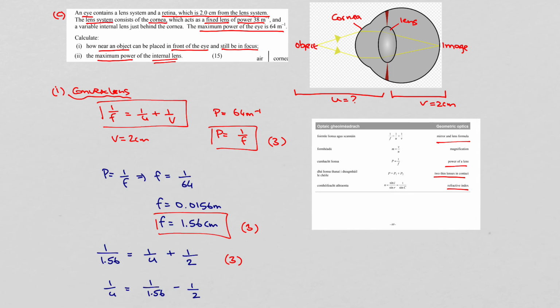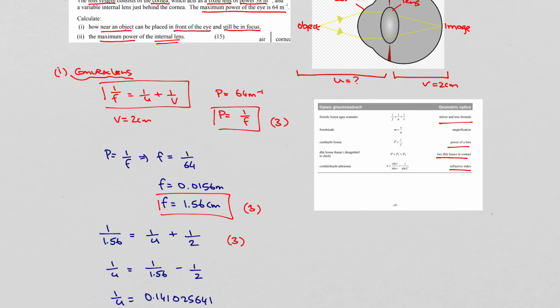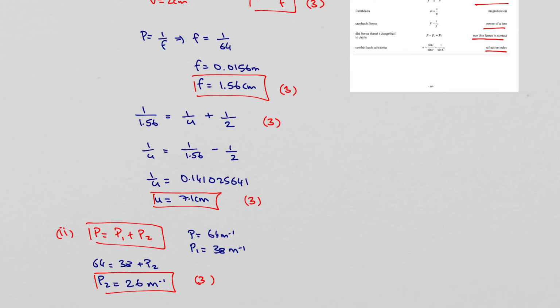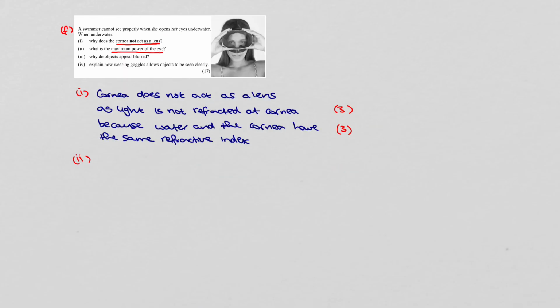And we worked out the maximum power of the internal lens in part 2, which was 26 per metre. So in this particular question in F, the maximum power of the eye is only the internal lens. And it was 3 marks for that part.